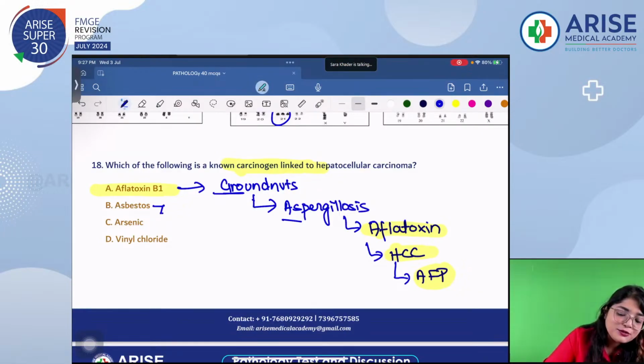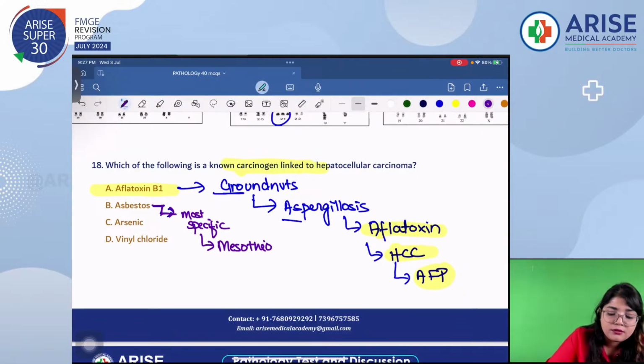What about asbestosis? Remember, the most specific cancer associated with asbestosis, what is the most specific? It is mesothelioma. What about the most common?